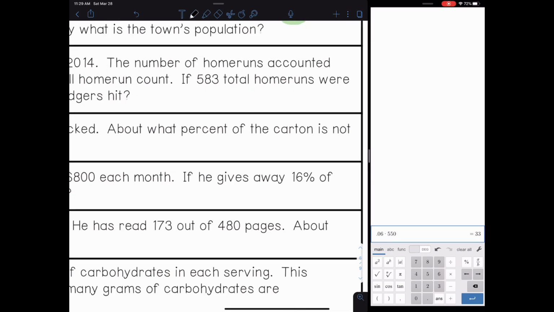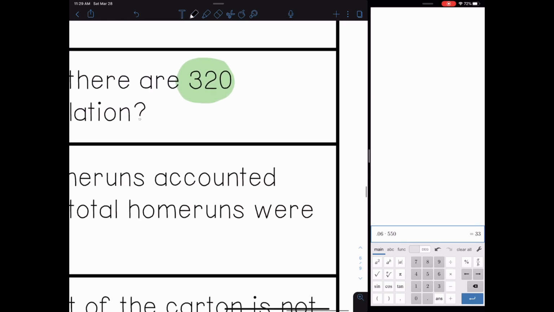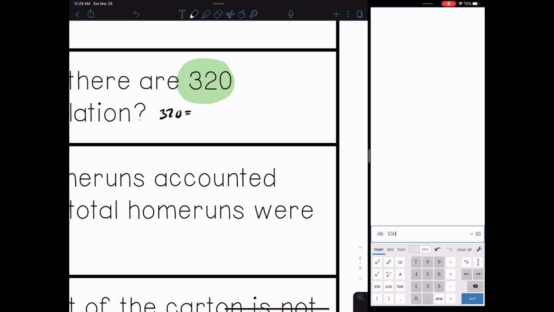So I have part, which is 320, equals 14%, which is 0.14, multiplied by the whole. Divide both sides by 0.14 to isolate W. So 0.14 on top, 0.14 on bottom, that's gone, and we're left with W on the right side, and 320 divided by 0.14.